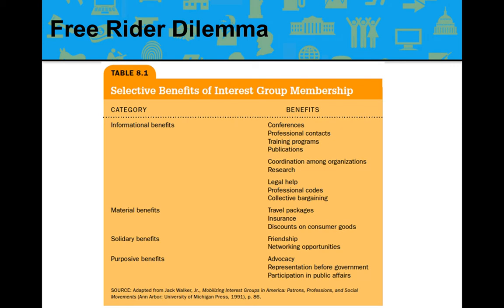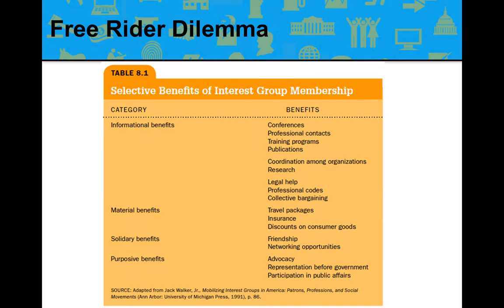It's going to get you in touch with some professionals in your field. There might be some training programs. As a member of the AMA, you're going to get the journals associated with that particular organization. You might get some research help. The AMA is also a place where you can get help with some insurance for malpractice.